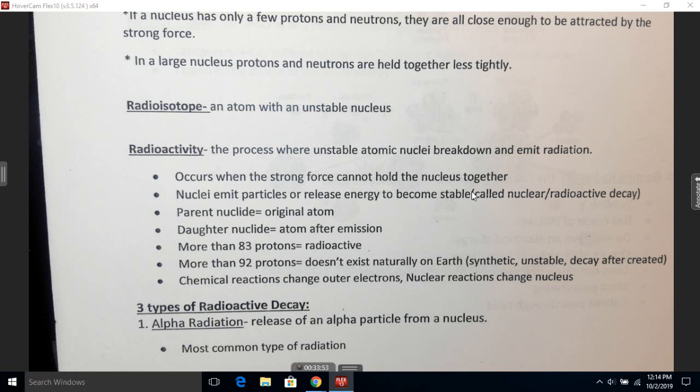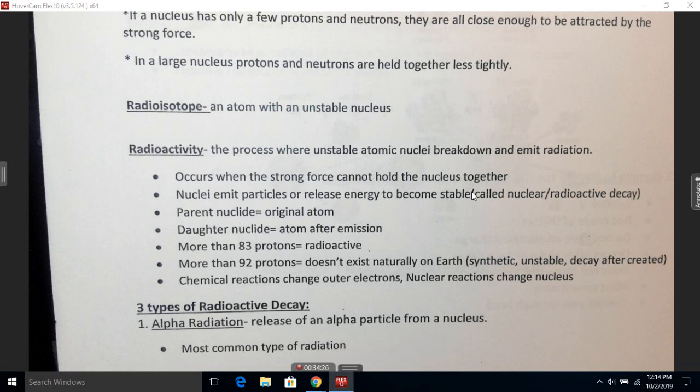In our chemical reactions, the change is in the electrons. In a nuclear reaction, the change is in the nucleus. That's the main thing y'all have got to remember. Nuclear is in the nucleus. The chemical reactions that we've learned about, like bonding, are in the electrons. Okay? Are there any questions?